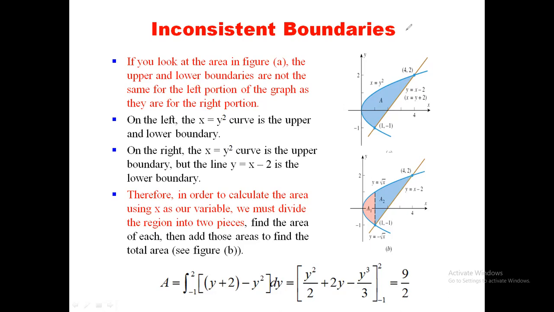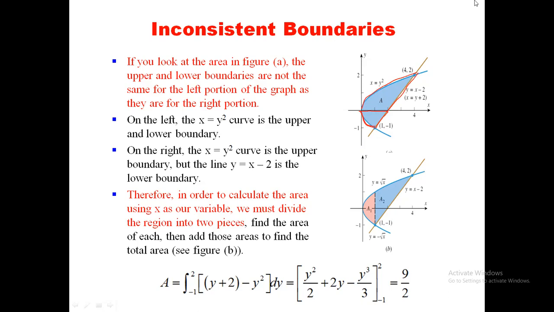I'll annotate so it will be clear. If I look at these two regions, this is one region, for example, and this is another region here. It's hard to really outline, but you have two separate regions here.